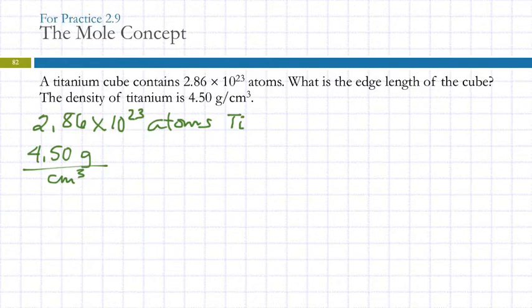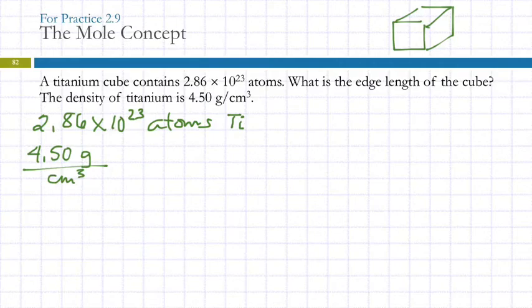So then the question is, what's the edge length of a cube? We've got a number of atoms and we have a density. Well, let's maybe draw a picture of the cube here. From geometry, what do we know about the relationship between the volume of a cube and the length of its sides?